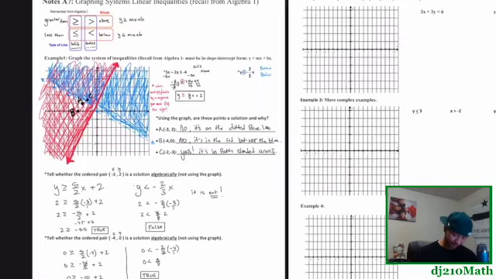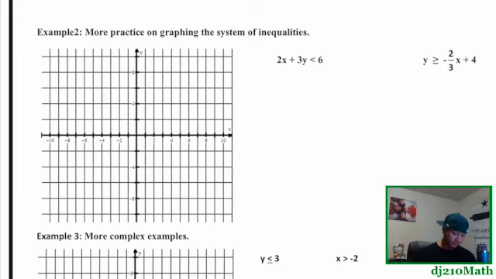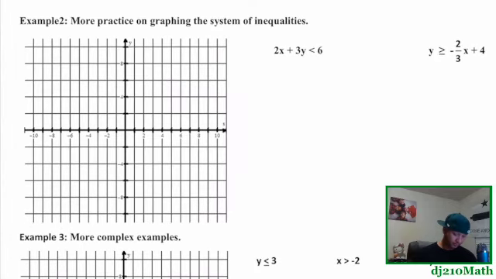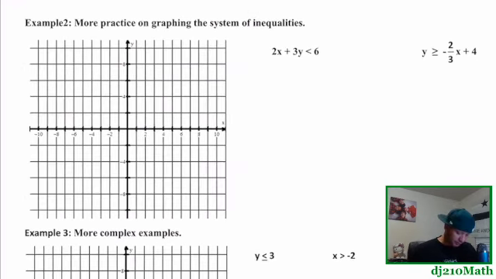All right. So here's some more practice on graphing. Maybe you got it, maybe you don't. Let's just roll with it. I'm looking at the two inequalities. So for the left inequality, I have to get y by itself, typically on the left.